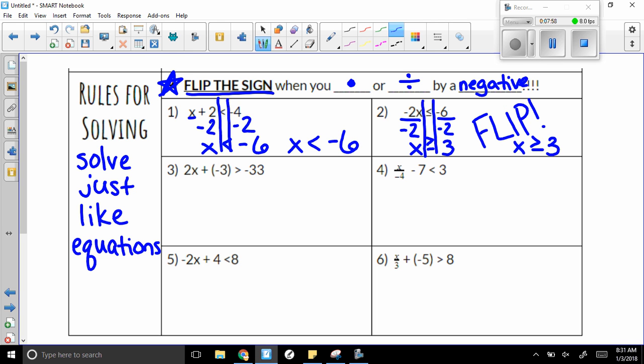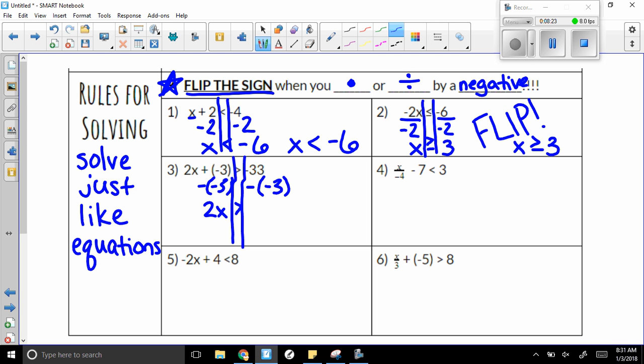Let's go ahead and try out number 3. Here I have 2x plus negative 3 is greater than negative 33. Well, if I'm adding negative 3, the way that you get rid of adding is by subtracting negative 3. That's going to leave me 2x.